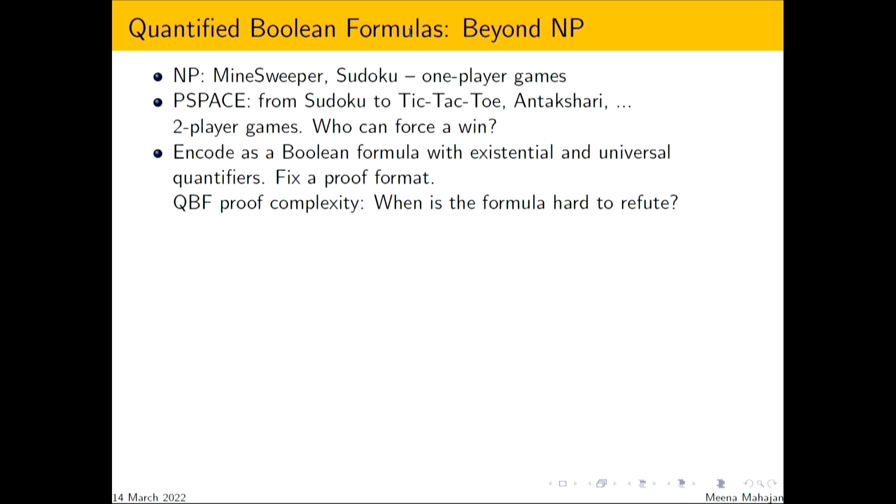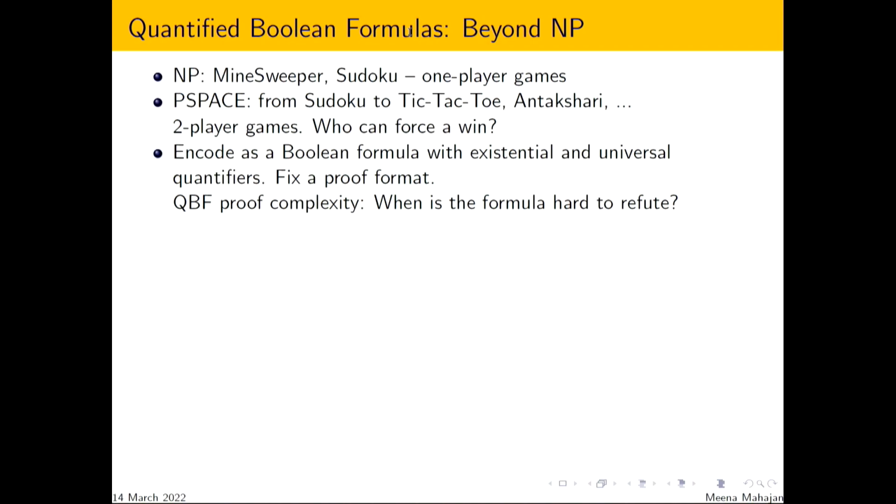I want to ask whether the first player can win. Is there a way in which the first player can move so that no matter how the second player responds, there is a way for the first player to respond, no matter how? So there exists, for all, going back and forth. And that is why you need these so-called quantified Boolean formulas. The variables are quantified, either exists or for all. They are not all of the same type. It completely changes the complexity of the game.